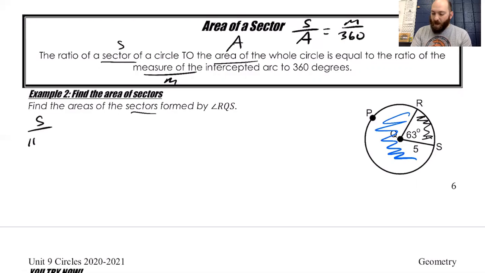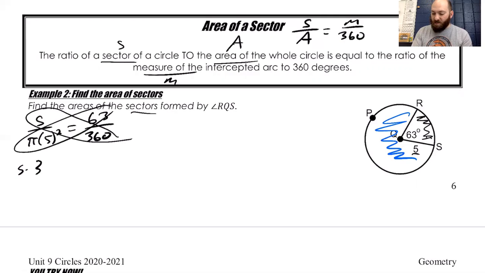In this case, it's pi times 5 squared, because my radius is 5. And that is equal to 63 divided by 360. Okay, so now I can cross multiply, so that S times 360 equals 63 pi times 5 squared, and then divide both sides by 360.